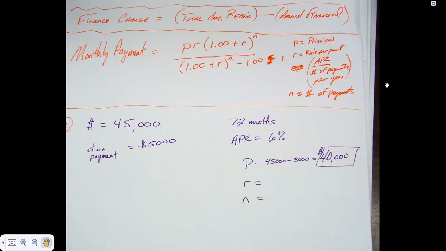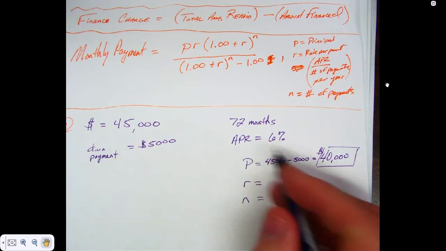So that's our P. R is what? Our annual percentage rate, divided by the number of payments per what? Per year.